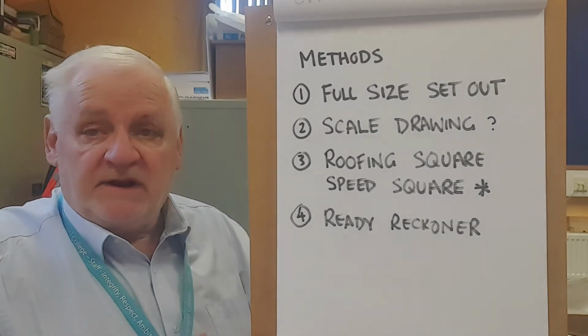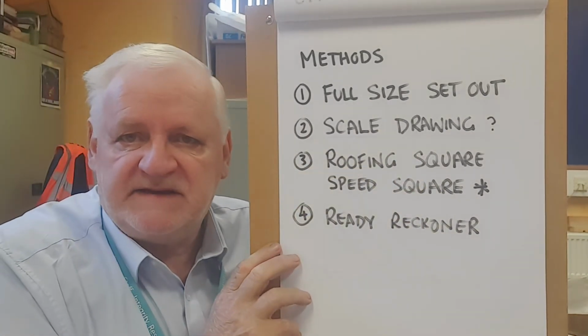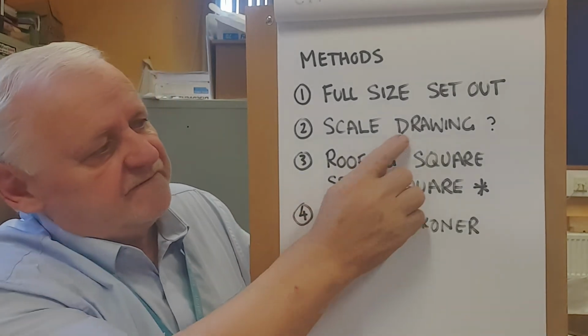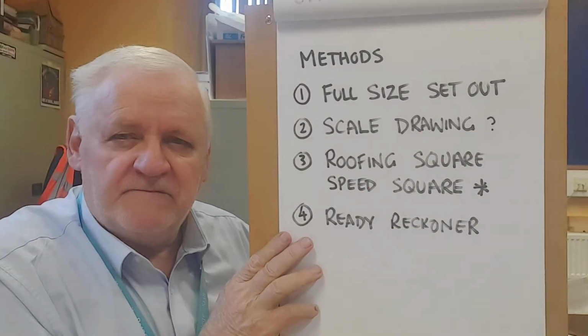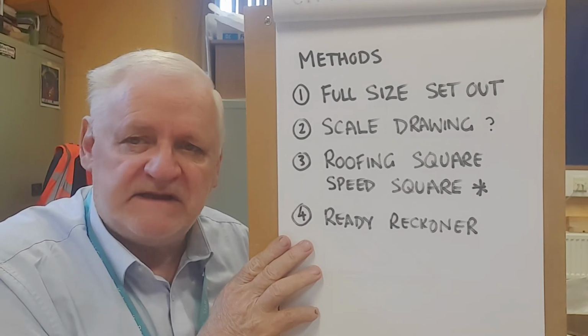Now another way of doing this is what's called a scale drawing, and some people prefer to set out a roof like that. I don't use a scale drawing, because of the propensity to very slight error.